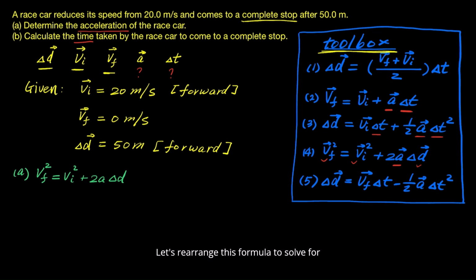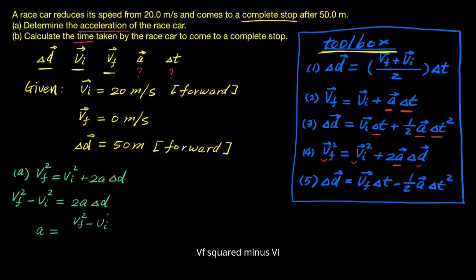Let's rearrange this formula to solve for a. We can subtract vi squared from both sides. It becomes vf squared minus vi squared equals 2a delta d. Then we isolate a: a equals vf squared minus vi squared, divided by 2 delta d.